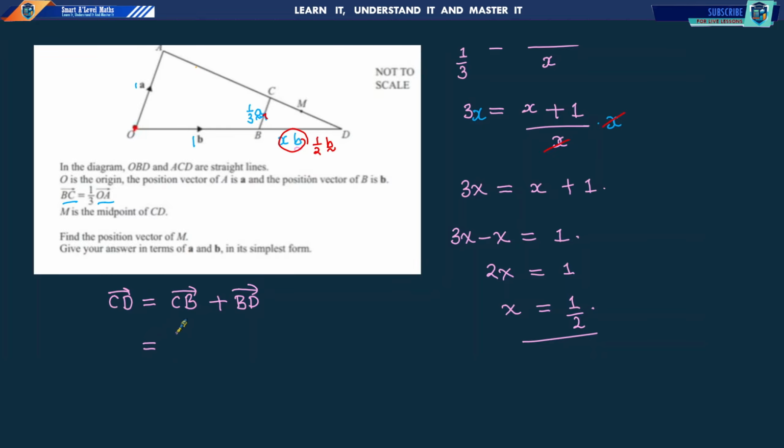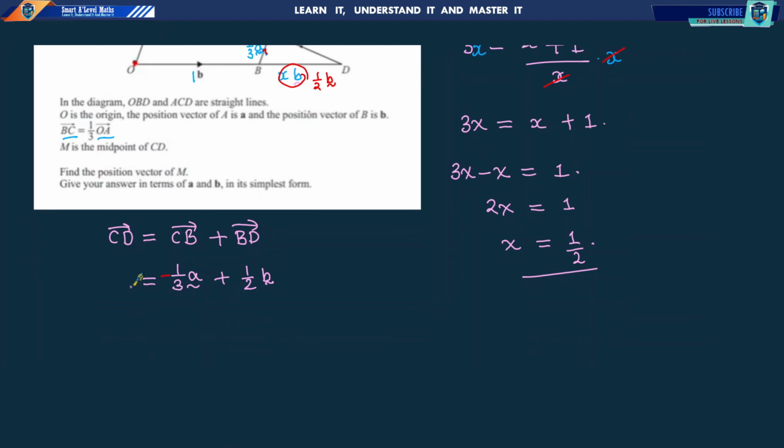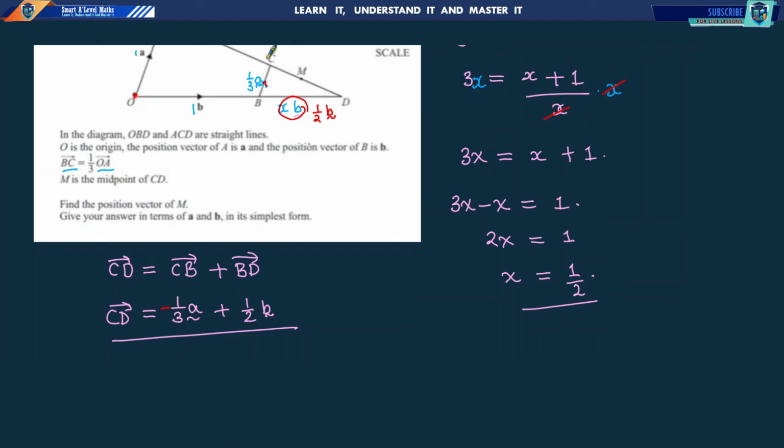Therefore we have here negative 1/3 of vector A, and we add this to BD, and our BD is 1/2 of vector B. Make sure you indicate the vector symbol. So that is CD. Now after getting CD, the next thing is to get CM.